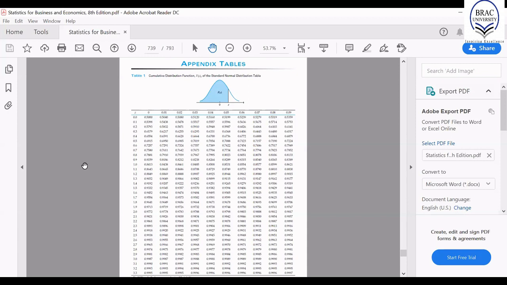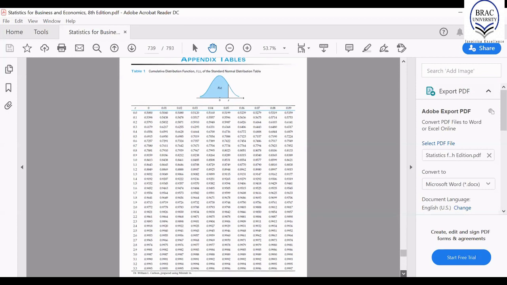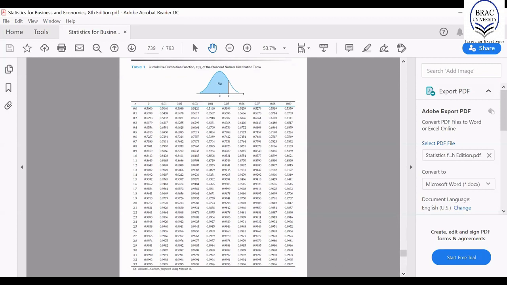Notice that the probabilities start with 0.5, and the last number on your table is 0.9997, which is almost equals to 1.